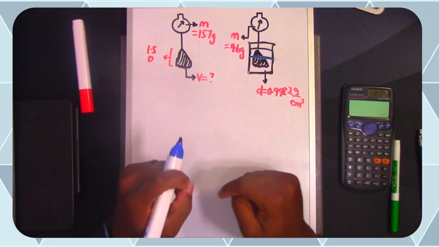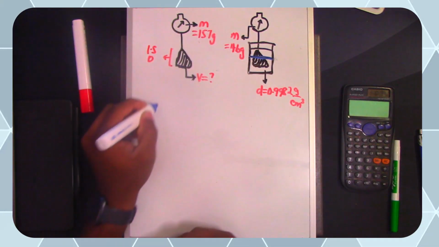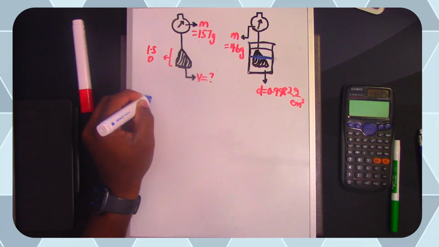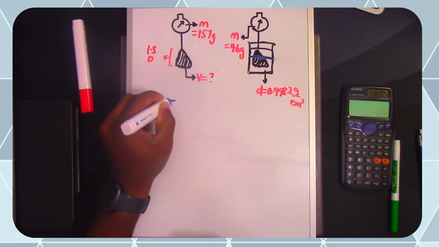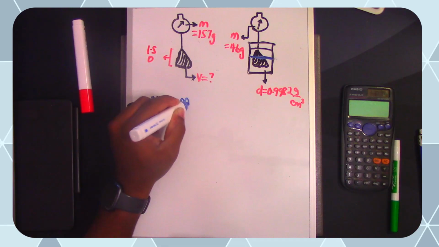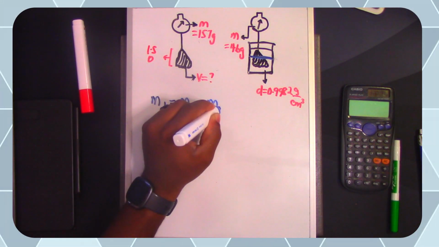And so what we have to do is find a difference in the mass here. The mass that we need to find that is displaced is equal to the mass in air minus the mass of the object in water.